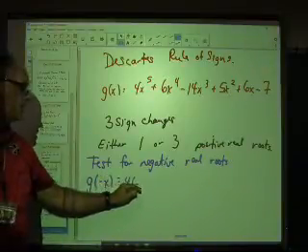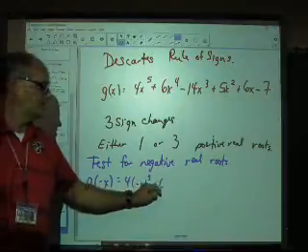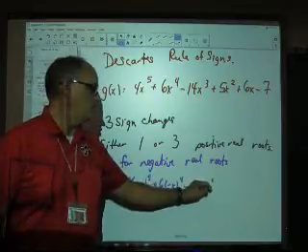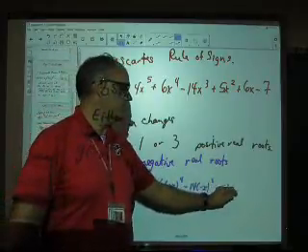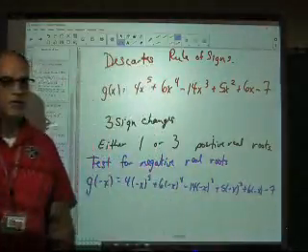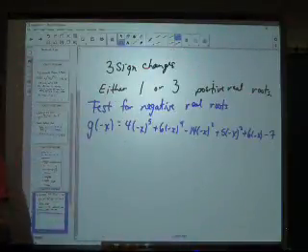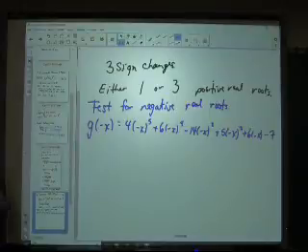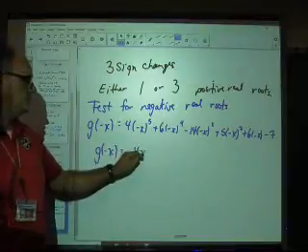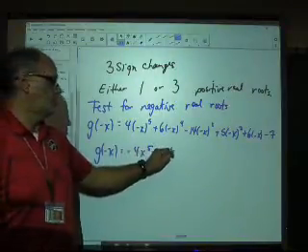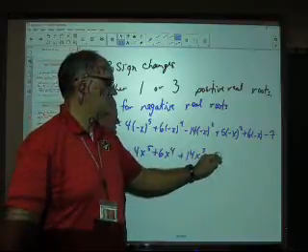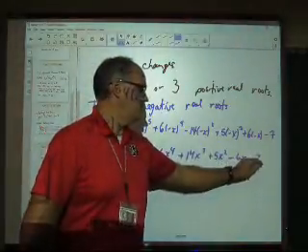So this is 4 times negative x to the 5th, plus 6 times negative x to the 4th, minus 14 times negative x cubed, plus 5 times negative x squared, plus 6 times negative x, and minus 7. And we would want to simplify this. All the odd powered values go to the opposite sign. All the even powers stay the same sign. So negative 4x to the 5th plus 6x to the 4th plus 14x cubed plus 5x squared minus 6x minus 7.